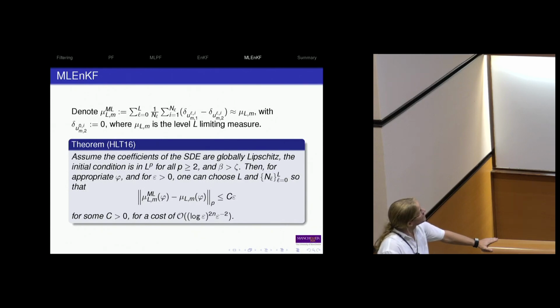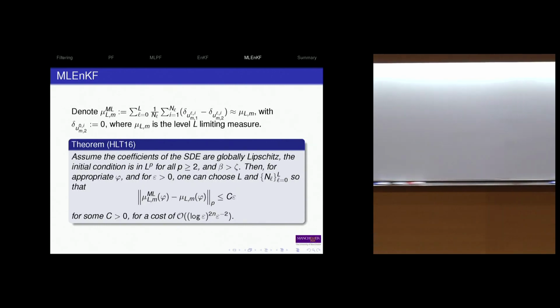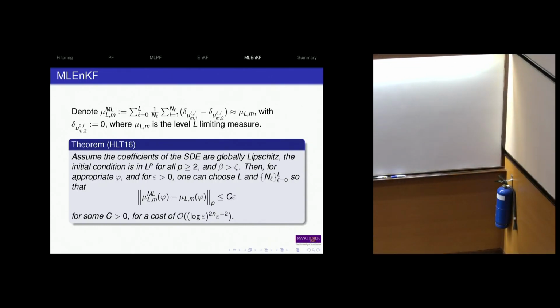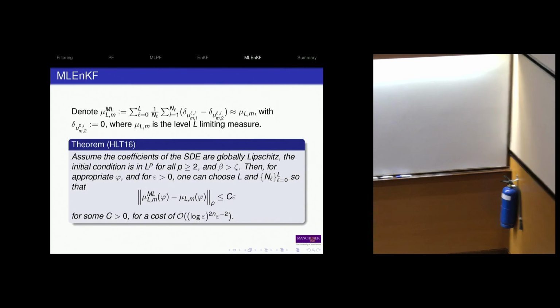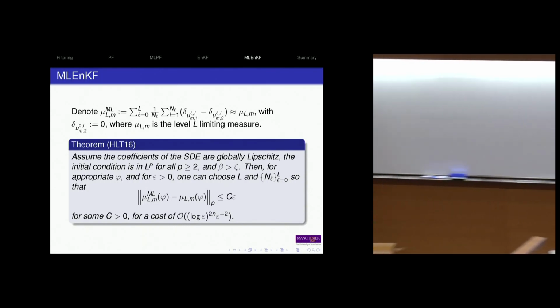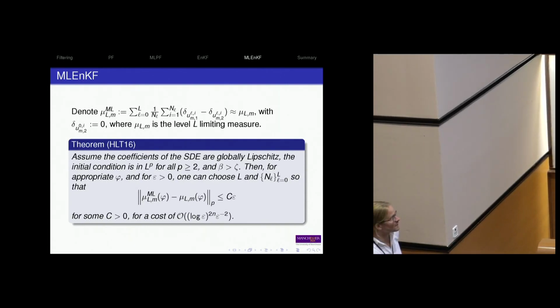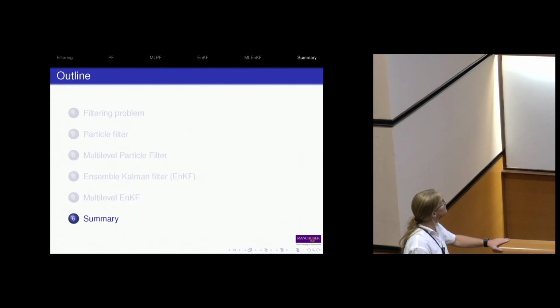If the coefficients of the SDE are globally Lipschitz, the initial condition is in L^p for all p, and beta is bigger than zeta, then for appropriate phi and for epsilon positive, we can choose L and N_L so that we get L^p error bounded by epsilon with a cost of log epsilon to the 2 times epsilon to the minus 2. We are not happy about the log term, and numerical simulations indicate that we don't have it.